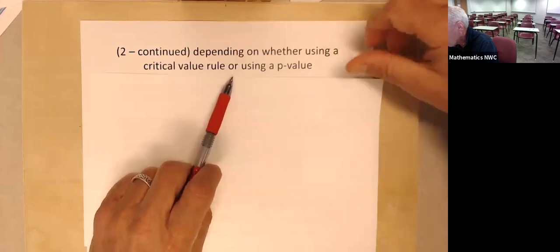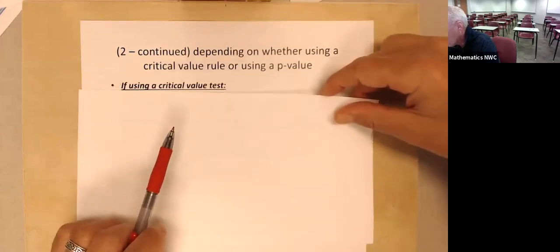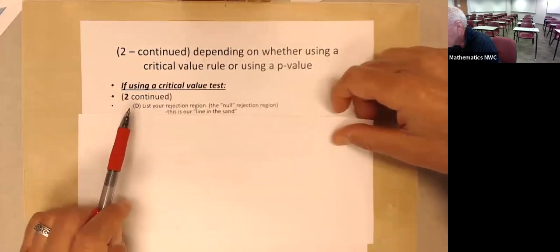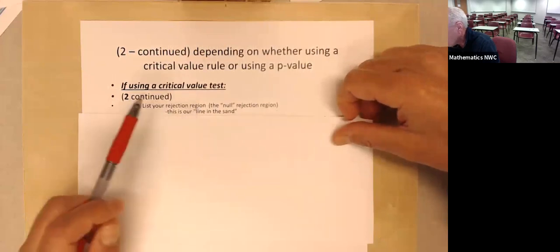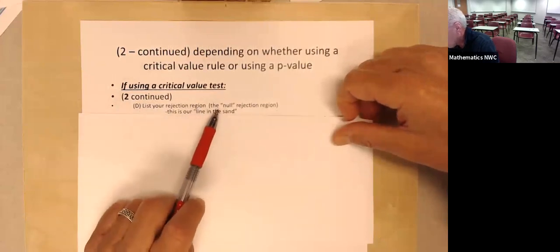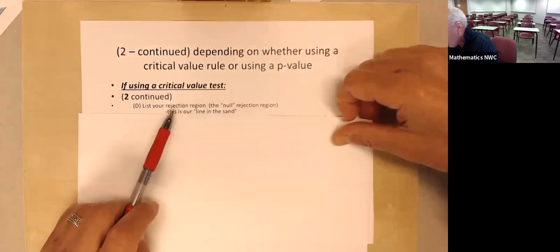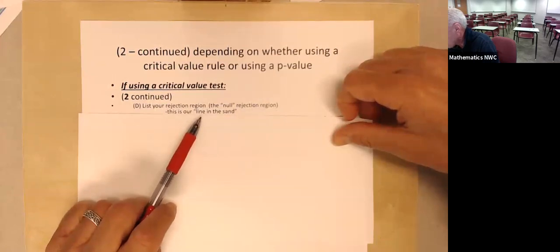So first, if I'm using a critical value rule, if I'm using a critical value test, then under number 2, I would list a rejection region. It's basically a null rejection region. This would be a rejection region that would indicate that our null was false. I will typically refer to it as my line in the sand.